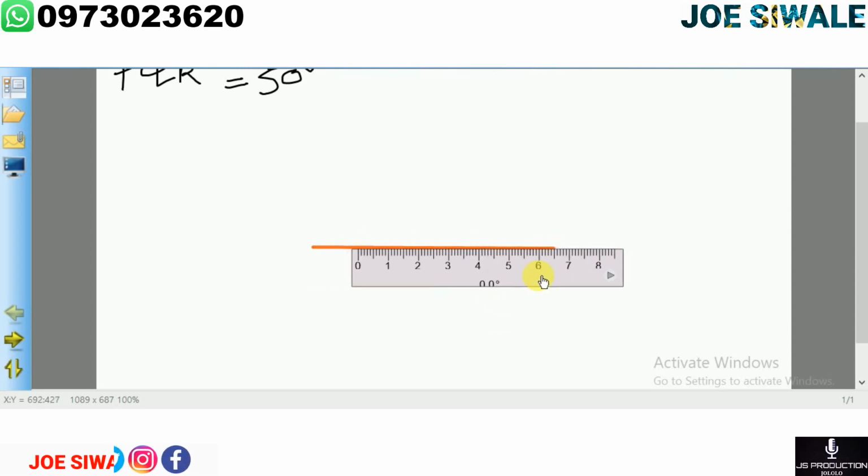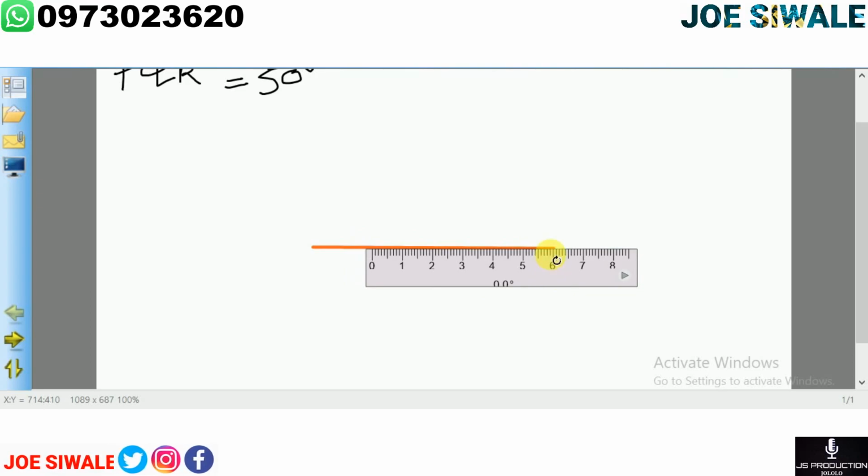Then I'll measure another 2. So from 6, so 6 there will be 0, 1, 2, up to 8.